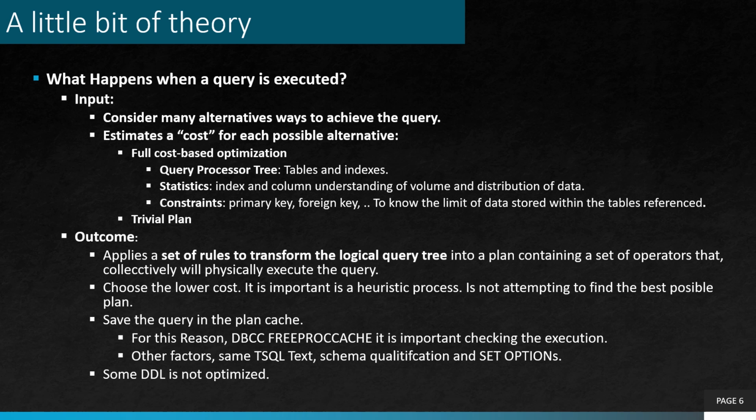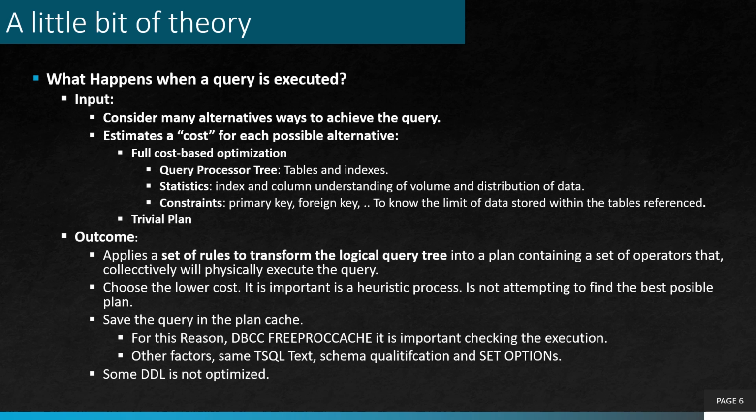Well, the next step is what happens when a query is executed. So when we pass the compile process, what happens? Well, the most important thing is SQL Server is going to consider many alternatives to achieve the query.